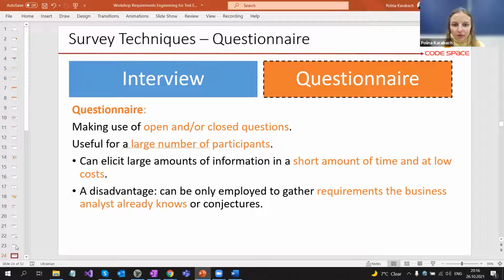So with a large number of participants, if you have a large user base, it's a smart idea to use the questionnaire approach, because we can create one questionnaire once and we just distribute it so that it's not taking that much time as if we would interview each and every one of our users, because interviewing is quite time consuming, as you may imagine.